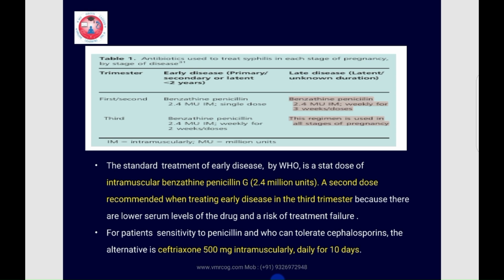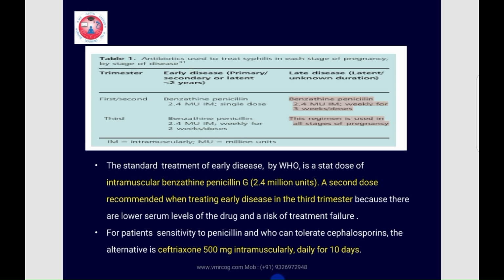Early syphilis, that is primary syphilis, secondary syphilis or early latent, gets a single dose regimen if the patient is in the first or second trimester, and a 2 dose regimen if in the third trimester. And in late latent and late disease, you have a weekly injection of benzathine penicillin for 3 weeks.